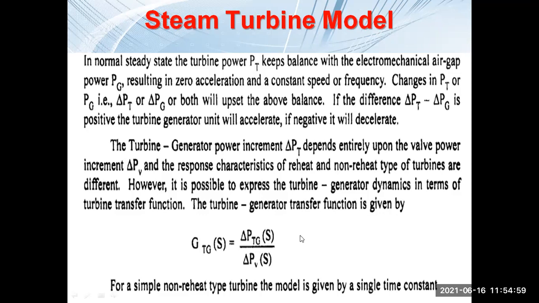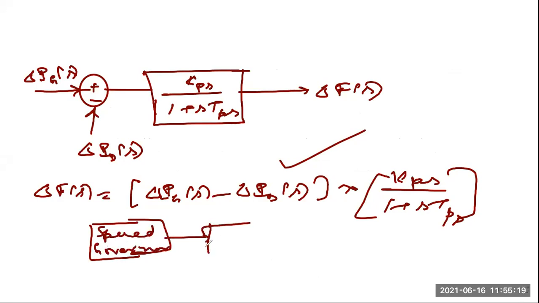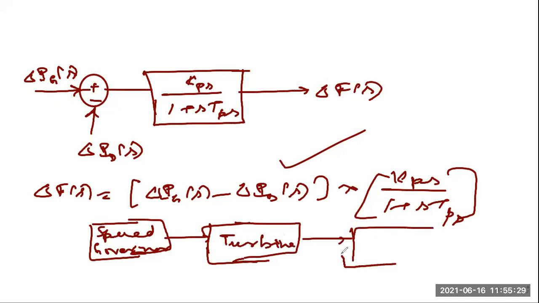I will show you in the form of a block diagram so that you can understand it. In this load frequency control, we have the speed governor as the first block. After that, you have the turbine, and thereafter you have the generator.